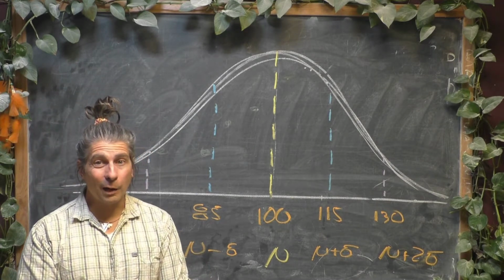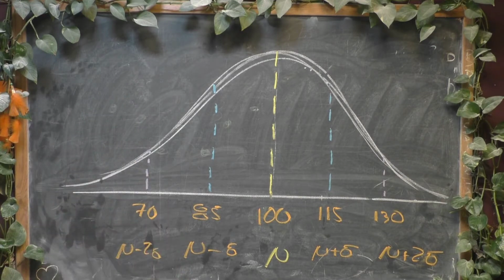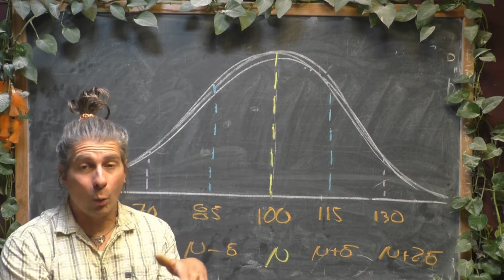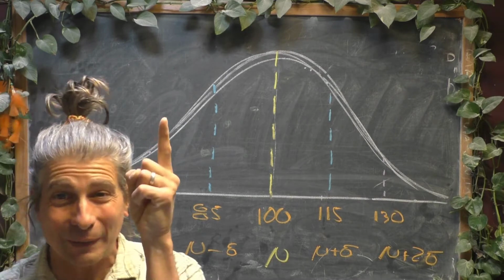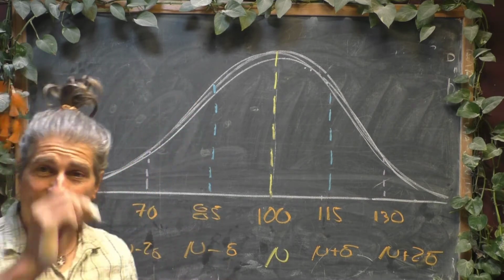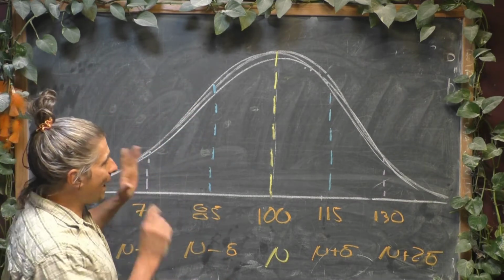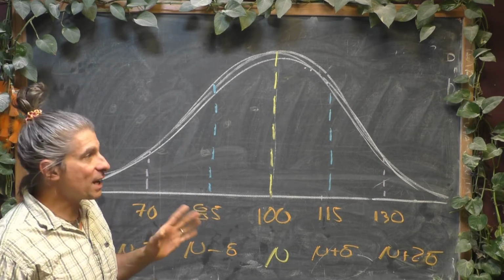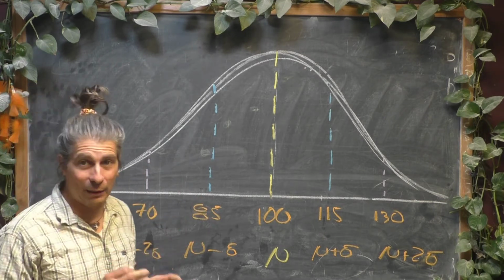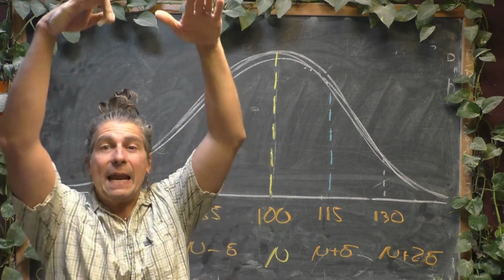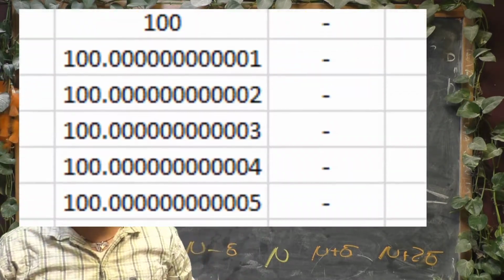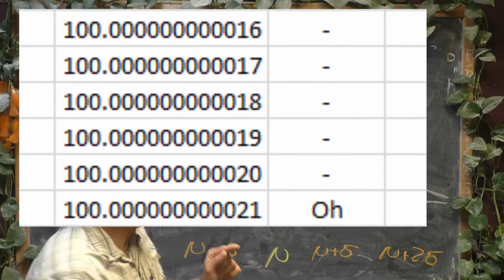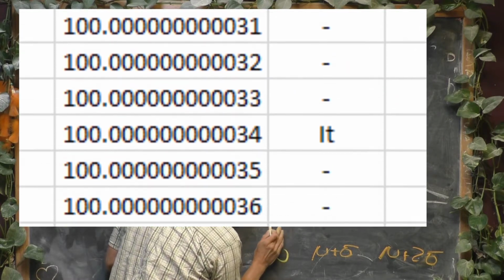Or 100.2? Or 100.1? Or 100.01? Or 100.001? And therein lies the problem. This is why we have to look at this graphically. Because if we tried to make a t-table out of this, it would be infinite. You'd have too many.